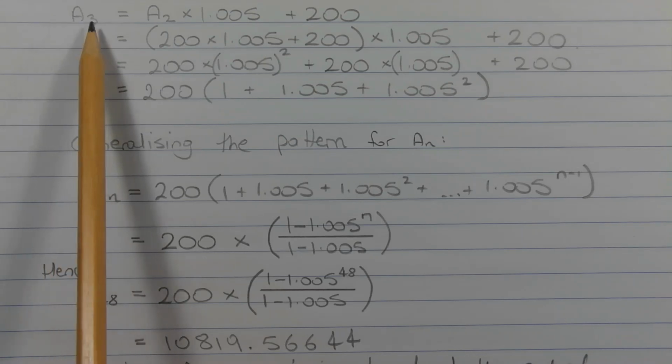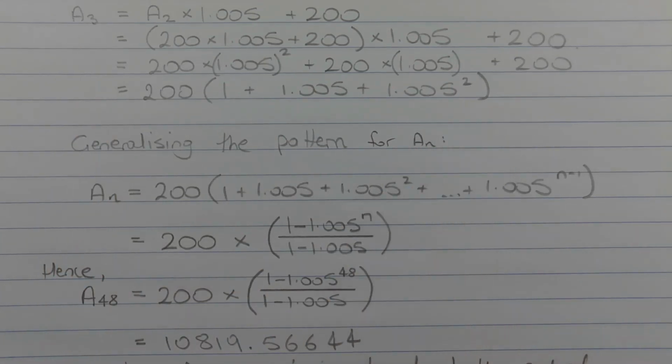If this was A_10, the power here would be 9, and so on. So generalizing the pattern for A_n, we get A_n is equal to 200 times (1 plus 1.005 plus 1.005 squared plus ... plus 1.005 to the power of 1 less than n, which is n minus 1).